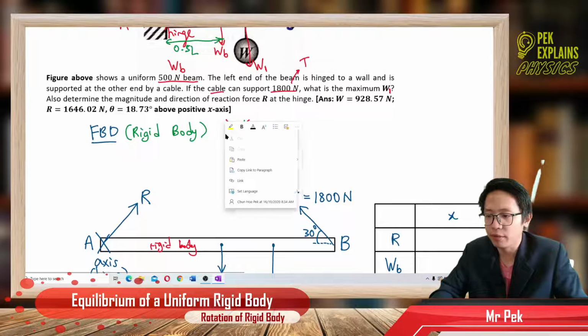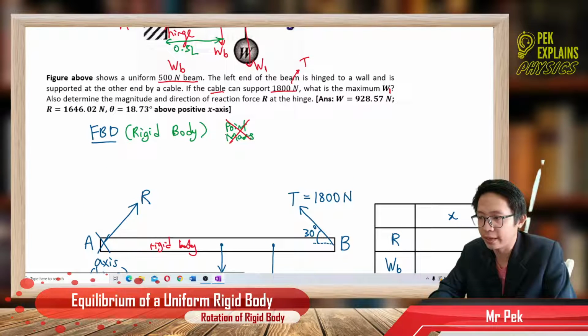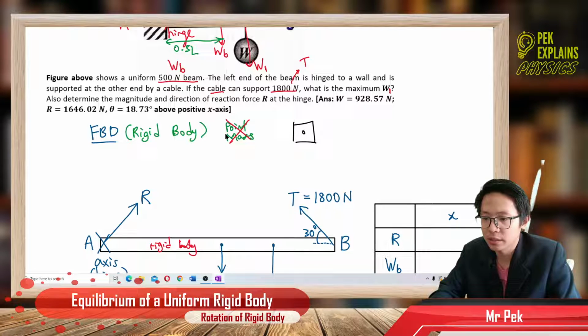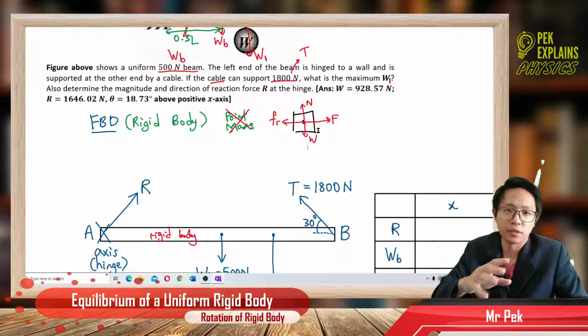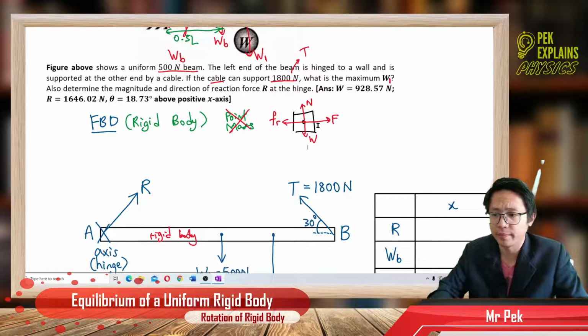Last time for the point mass, we drew all the forces at one point. Let's say I have a block here. We have friction, the normal force, and the weight, all from the same point. So for a point mass, all the forces concentrate at one point.